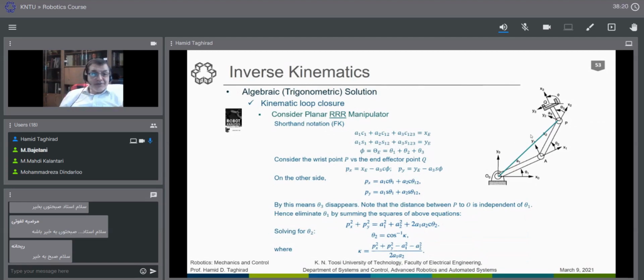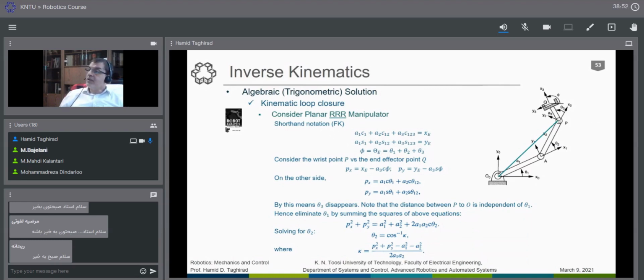And this means, how can we do that? First, the first important method that we use: we separate the wrist from the end effector, and we reduce the problem to the wrist. And as you see here, physically it is very simple. Since we have x_e, y_e, and theta_e, we have the tip point here. This is given to us.